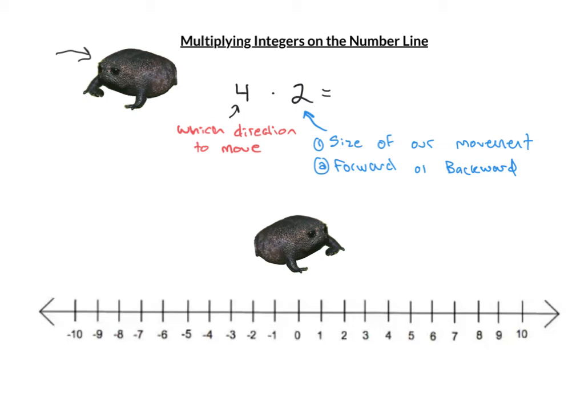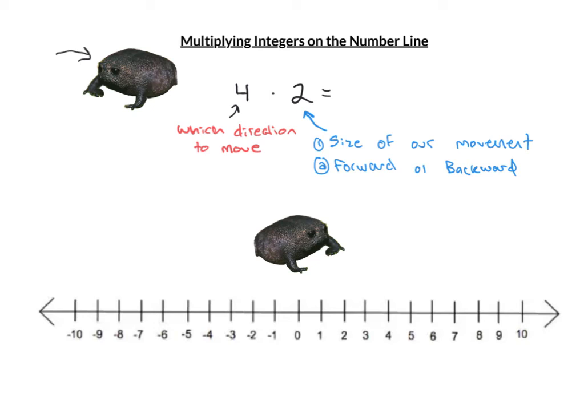All right. So let's actually get going and see what our frog here is going to do. So again, our first term tells us that we are going to move to the right because it is a positive number. So we have our little positive frog, and the value of that term is 4, which means that we are going to do 4 leaps.